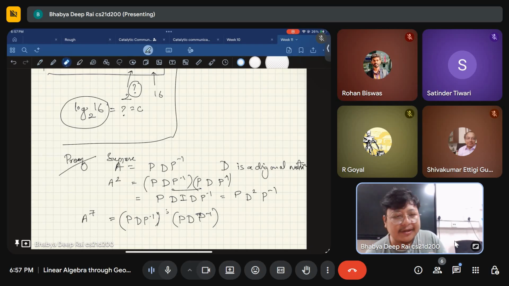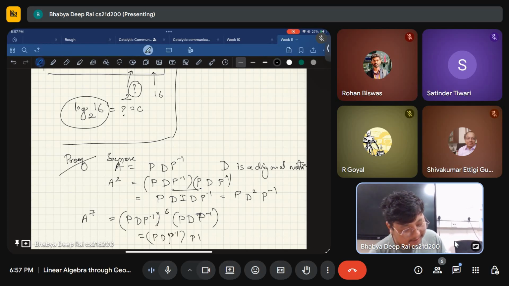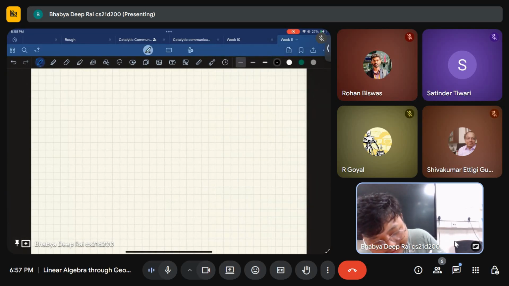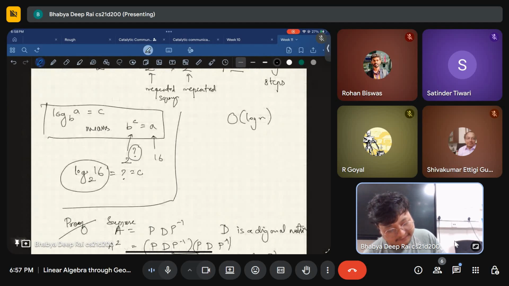Of course, like you were saying, Satinder, I can keep decomposing this into PDP inverse, PDP inverse, and so on, n many times, and then I'll just get it is equal to D to the n because of this result. Now, if I want to prove it for a general case, I need to use induction.